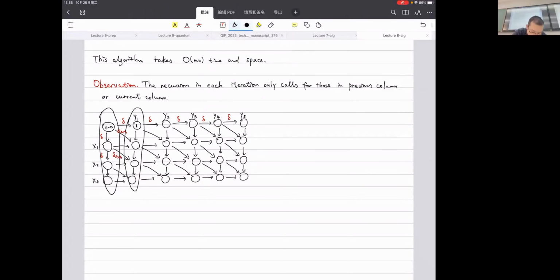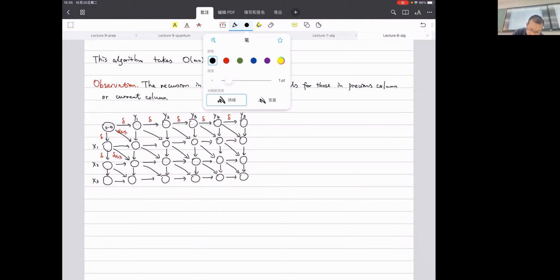This value depends on this, and this value depends on the 3, and you know that. So it is relatively straightforward to see that the recursion iteration only calls for those in the previous column or the current column.